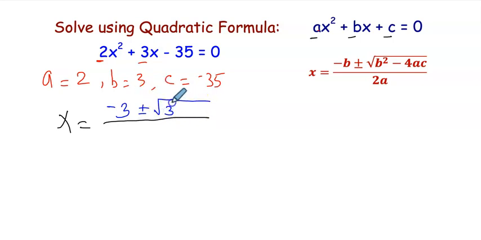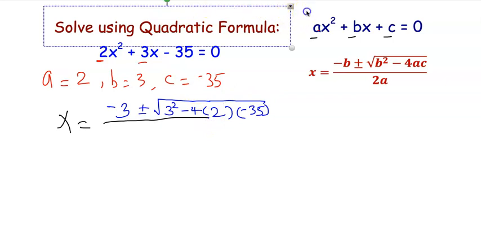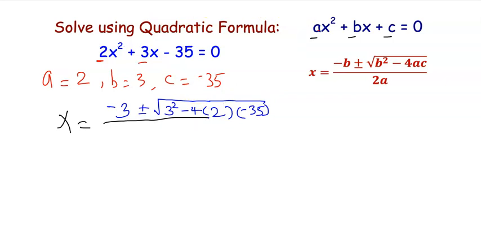Again b is 3, minus 4 times a, which is 2, times c, which is negative 35. And in the denominator it is 2 times a, that is a is 2, so 2 times 2.